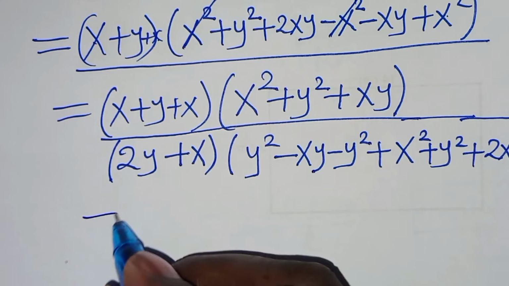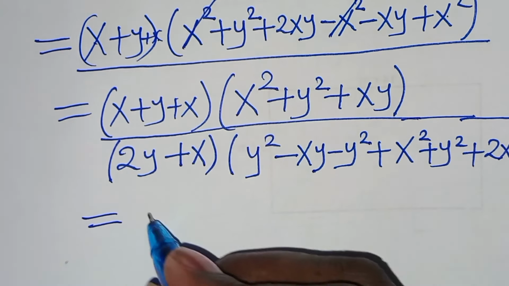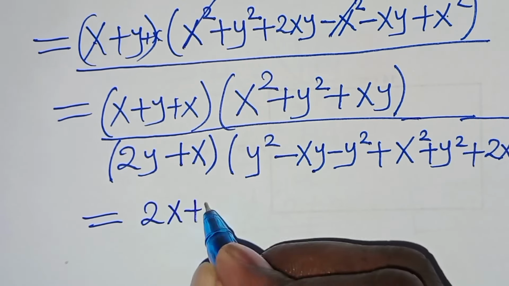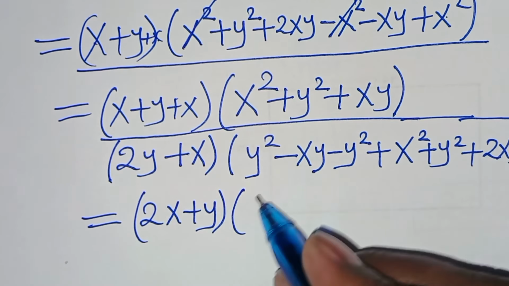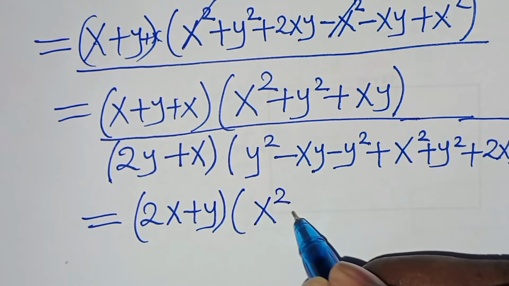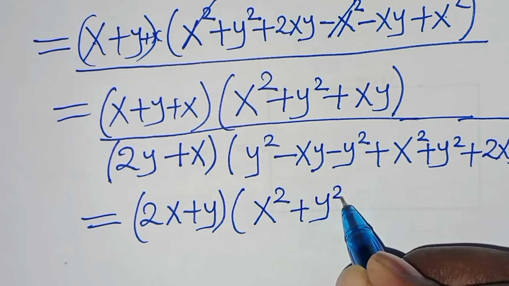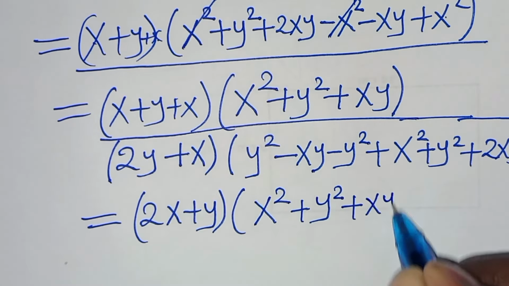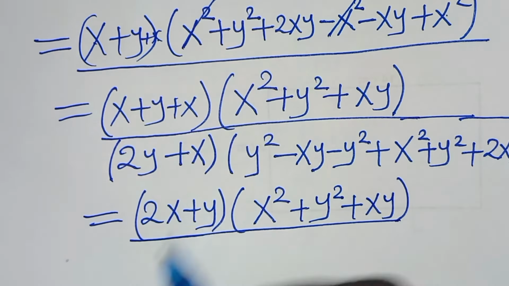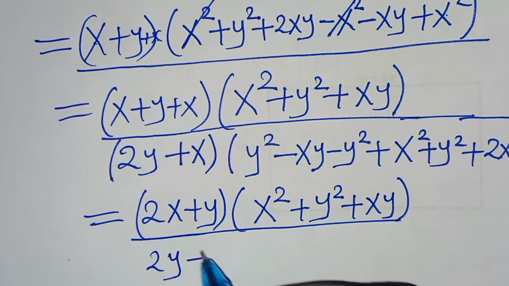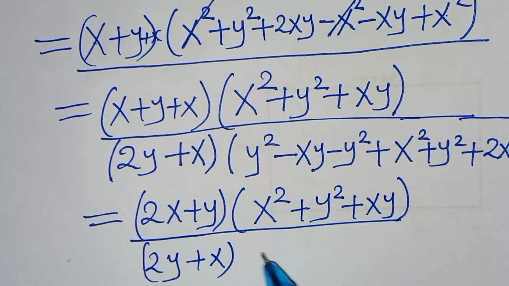So in the numerator part, we have x plus x, which is 2x plus y. Close the bracket. And then here we have x squared plus y squared plus xy, divided by, now here we have 2y plus x, close the bracket here.